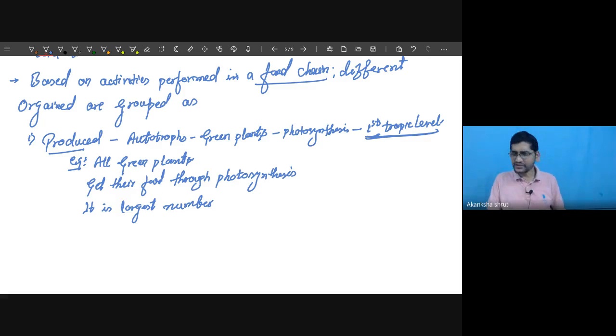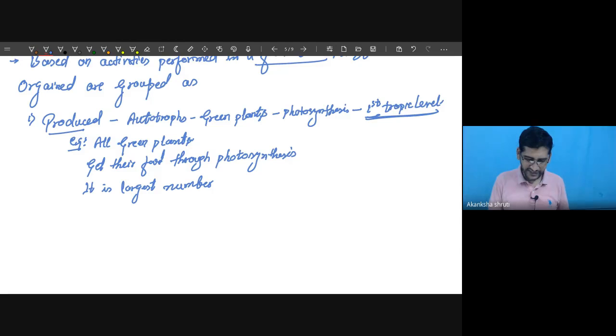Why? Because the other organisms depend on the producer, and when food is taken by the other organisms, only 10% of energy is transferred to the higher level. So for survival of the other levels, the lower level must have more energy, meaning more number. We will write the exact cause after writing the energy flow, the percentage of energy flow.